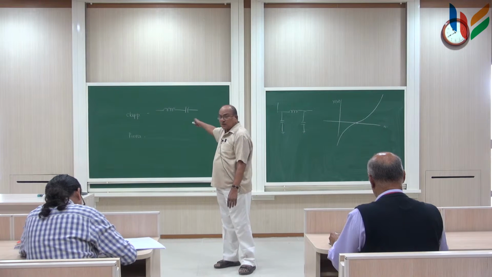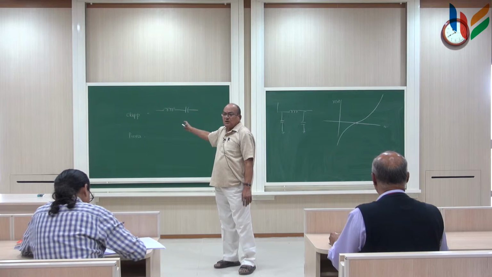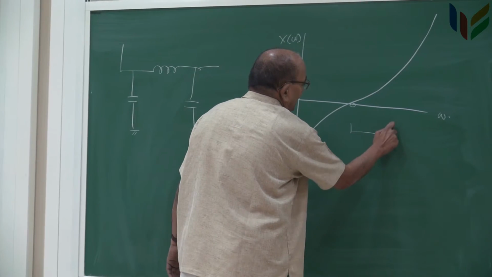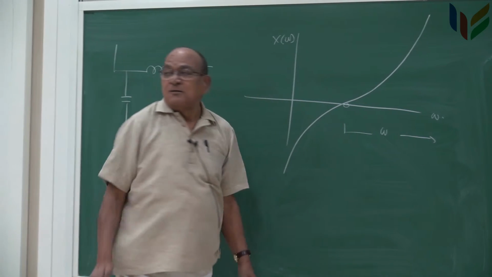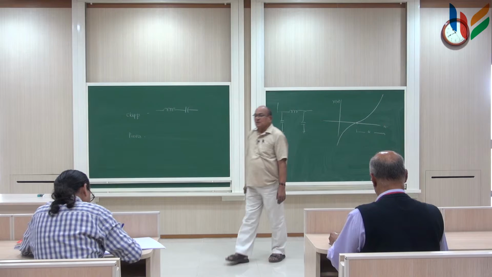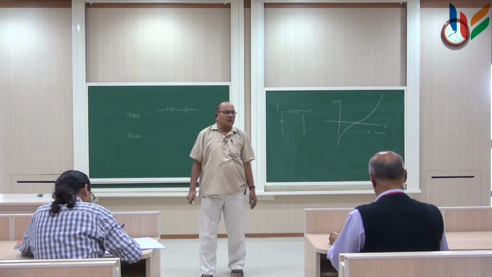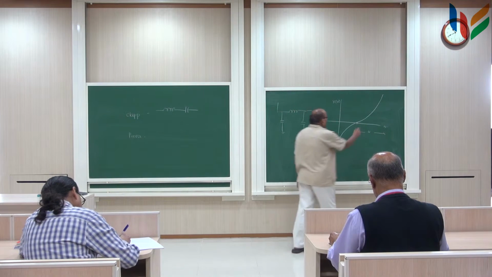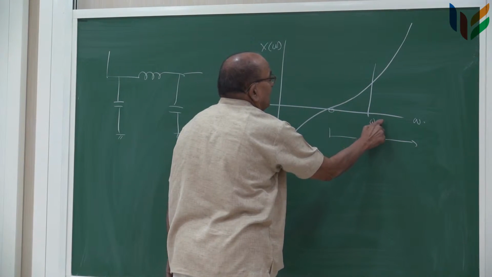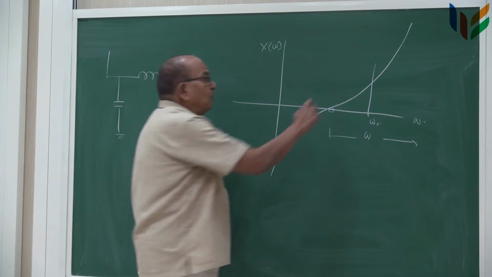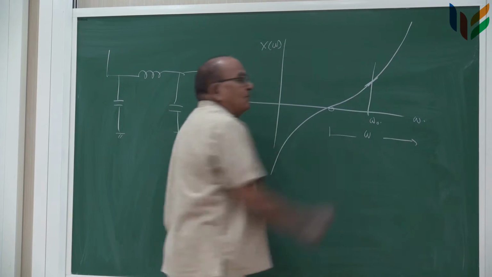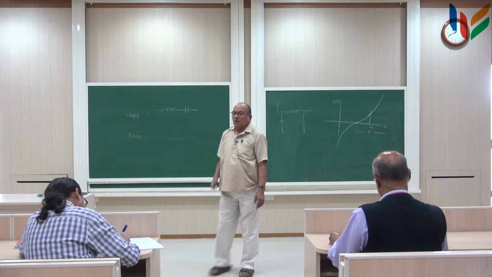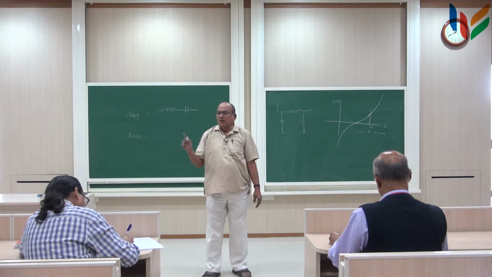We are looking for an inductor here. So, obviously, the range of operation of this circuit must be in this frequency range, because that is where the reactance of the series circuit is inductive. But the important point here is, if you take any frequency of desired oscillation, the slope of this curve at this point is much higher than the slope of the curve corresponding to a simple inductor.